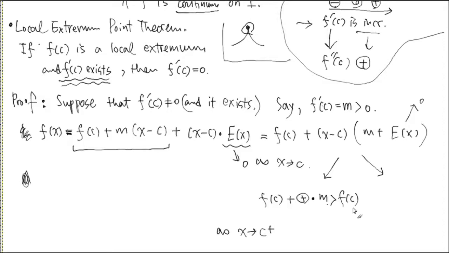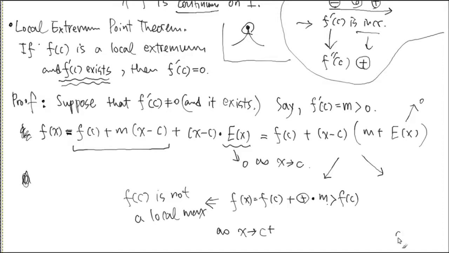Because right next to it, as x approaches c from the right, there's always a function value, f of x, that is greater than f of c, right? So from that, what is the conclusion? f of c is not a local maximum, because I found a greater value than f of c right next to it, to the right. It's not a local maximum.